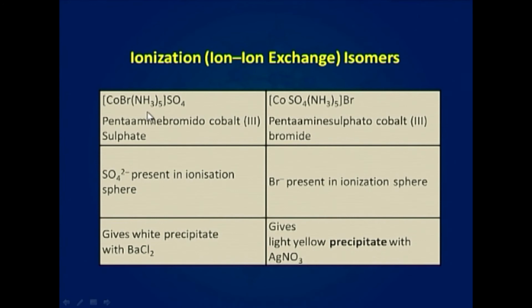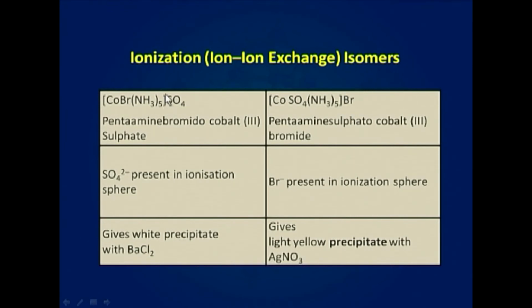Here is an example for ionization isomers. [Co(Br)(NH3)5]SO4, which is named as pentaamine bromido cobalt 3 sulfate, and [Co(SO4)(NH3)5]Br, which is named as pentaamine sulfato cobalt 3 bromide. Here you can see sulfate is present in the ionization sphere, and in this complex you can see Br- is present in the ionization sphere.